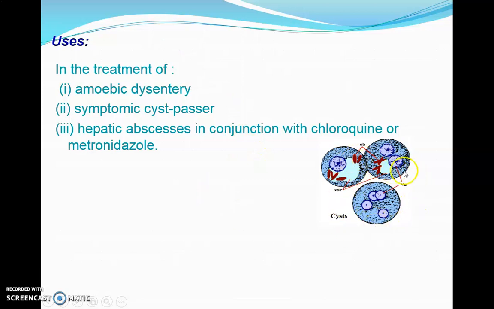Those carriers of the cyst who do not show any symptom but are able to transmit the infection are called asymptomatic cyst passers. These patients are treated with diloxanide furoate in order to kill these cysts or Entamoeba histolytica.